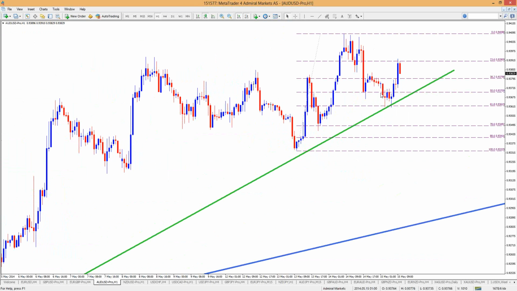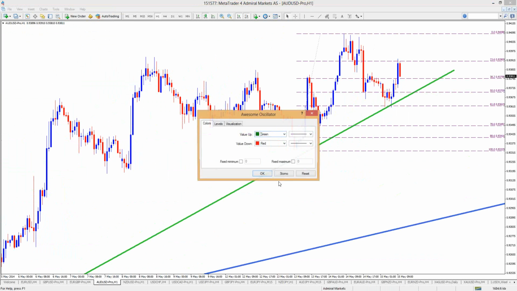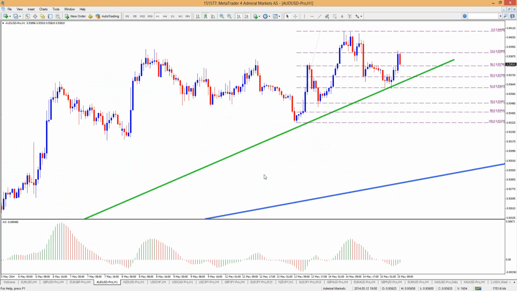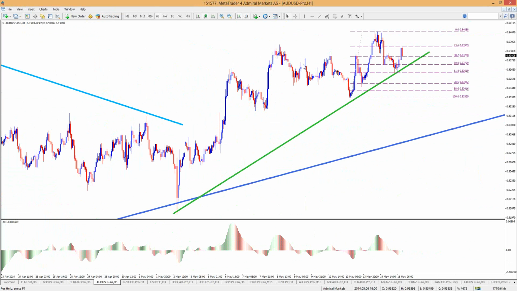And I think Bob was saying that it looks overbought to him. Let's put on an oscillator. There's certainly some divergence between these two tops, right about here.